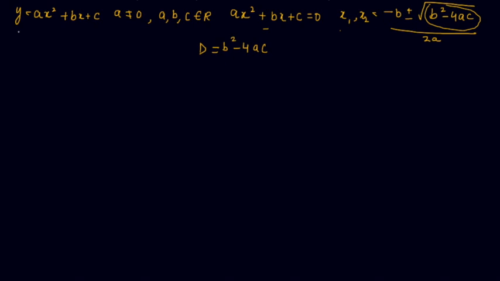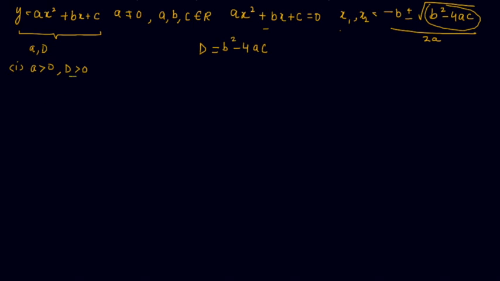Now this function, when we draw it on xy axis, takes the form of a parabola, and depending on the value of a and d, it can take 6 different forms. So let's discuss them. The first case is when a is greater than 0 and d is greater than 0.